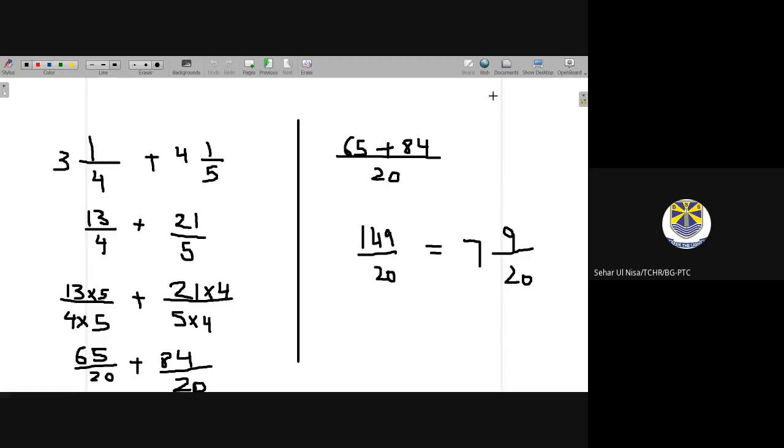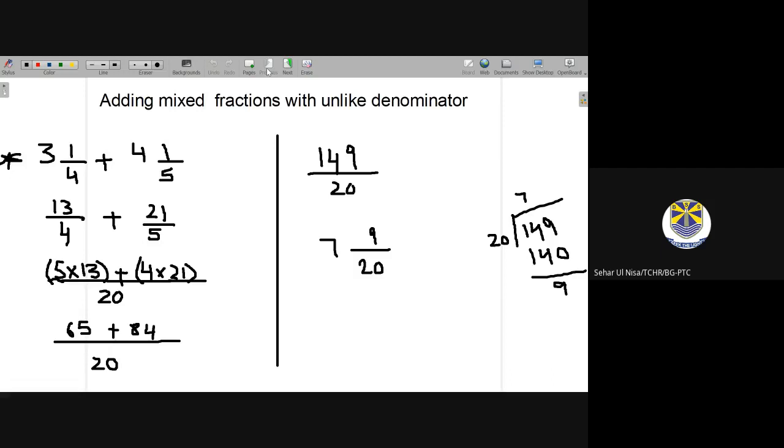This method is for level 4, but you are in grade 5, so I think that method is more suitable. But it is up to you. If you are doing any method, I will give you marks, and the teacher will give you marks. They will not say this method is accurate and this method is not.